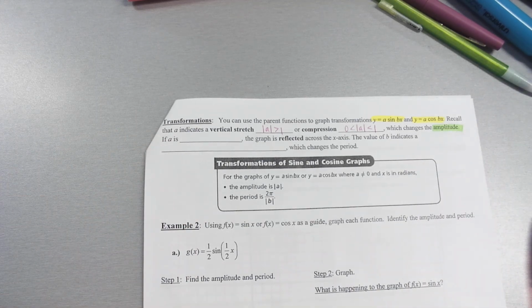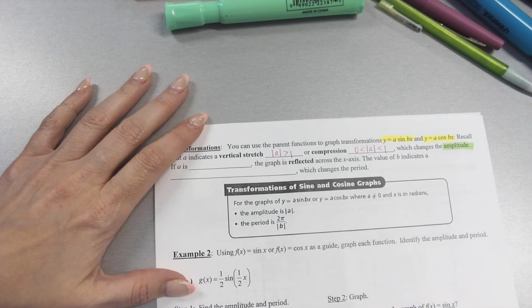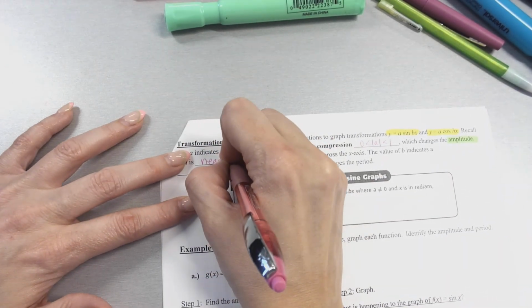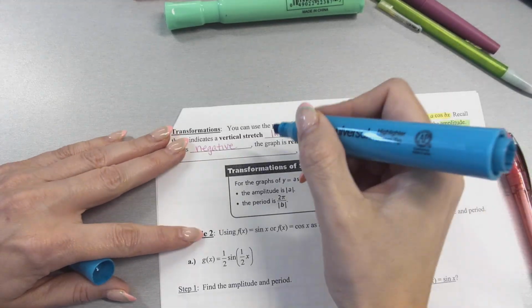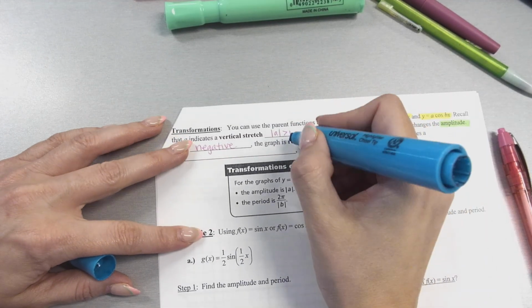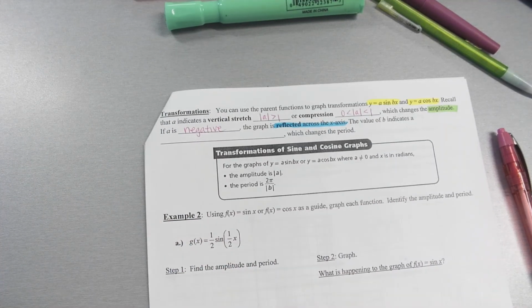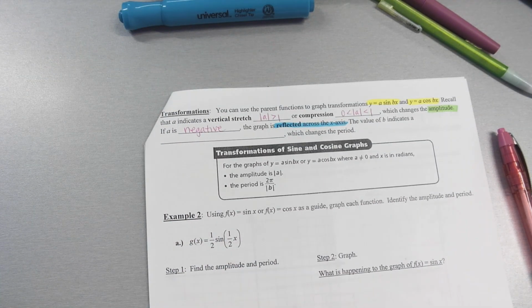So we want to know what is going to affect our amplitude, what is going to affect the period of the function. Okay, and if a is negative, what that does is it creates a reflection across the x-axis. Okay, if there is a reflection, that is going to switch the max and the min, so we're going to write that down in a moment.